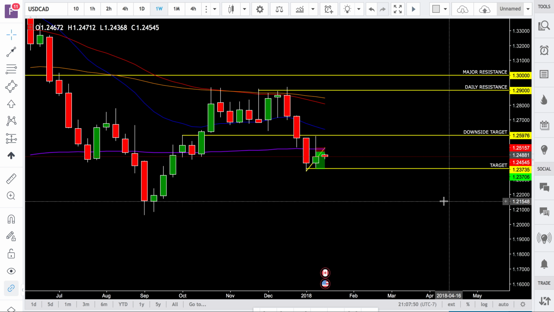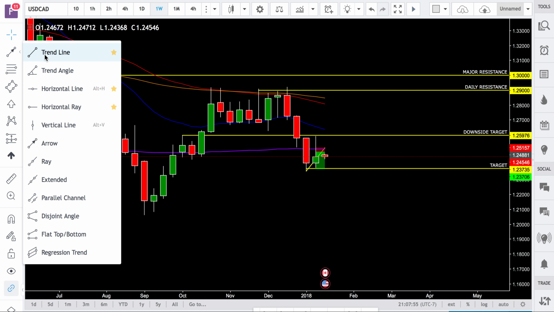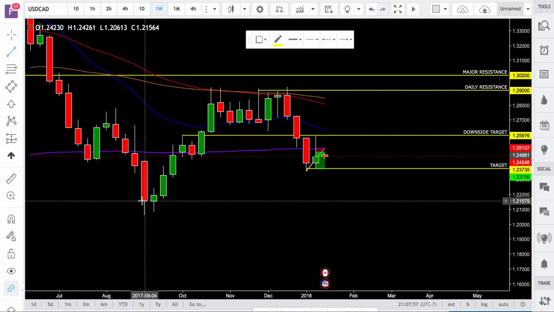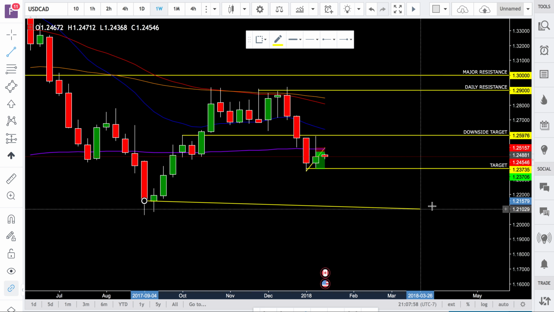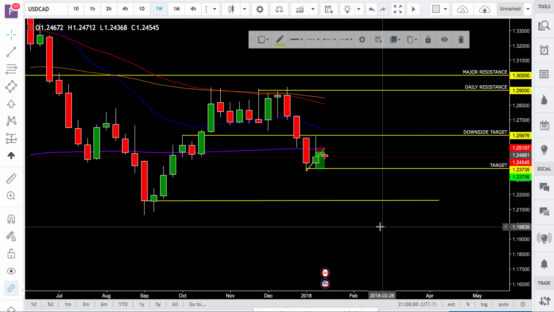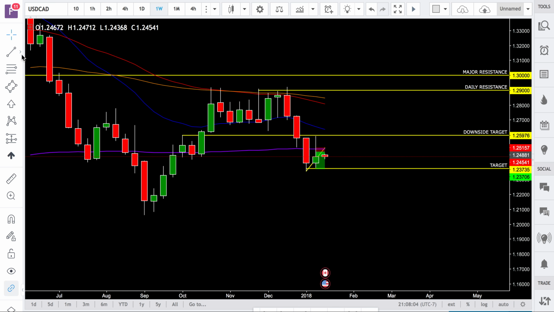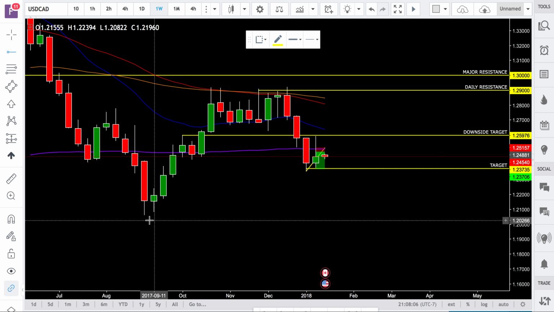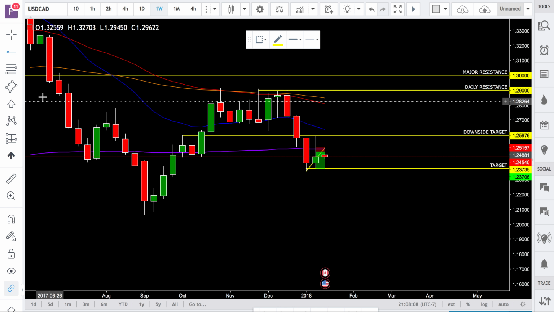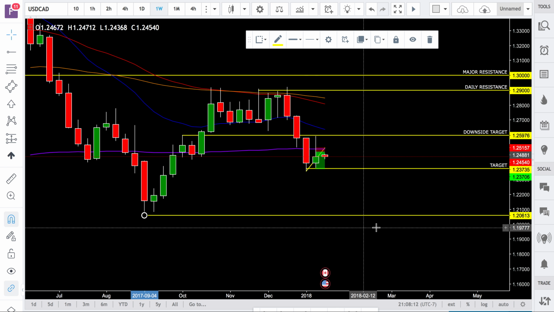I could see dollar CAD making a move longer term down here at 121.5, we'll call it 121.5. So I'll go ahead and mark it there, and I'll use this horizontal ray instead. You know what? This could actually go down to 120.6.